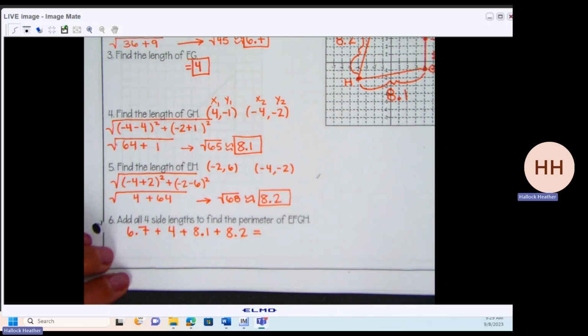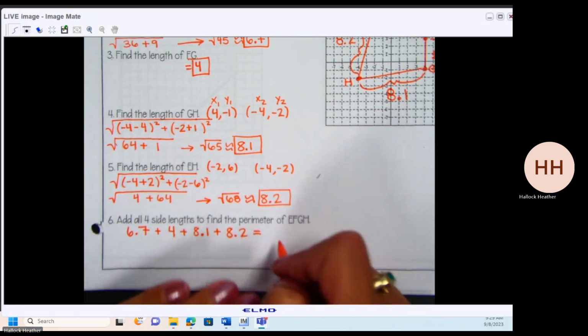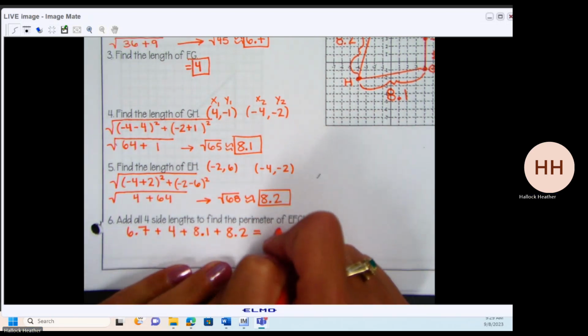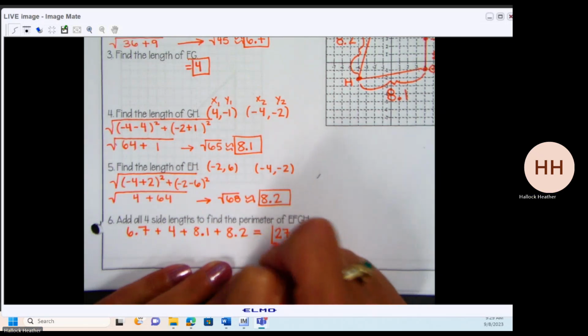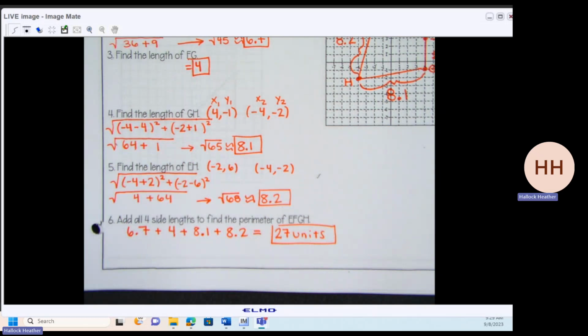And that makes a total of 27 units. And I just put units. If it said like meters or centimeters or something, that's what you put. So it's 27 in total. The whole point of this is to find the perimeter. You're adding up the sides.